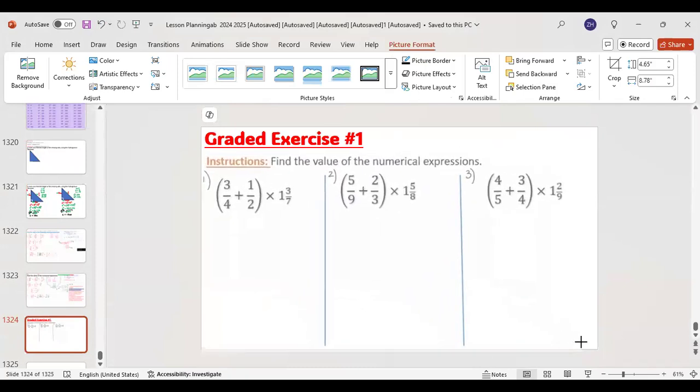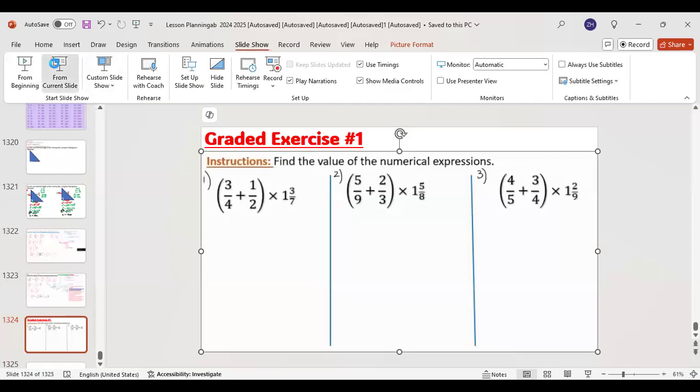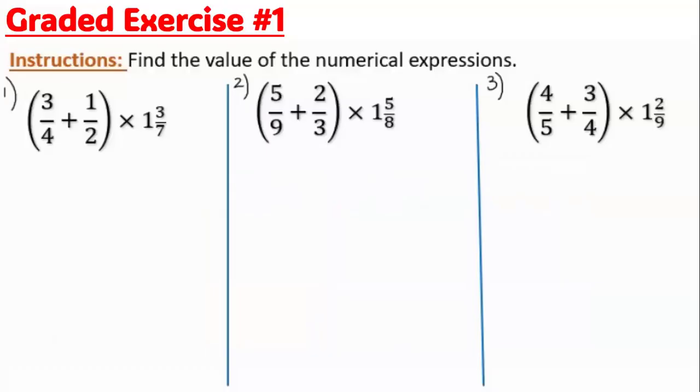If you need any help, let me know. Number 1: 3 over 4 plus 1 over 2 multiplied by 1 and 3 over 7. Then 5 over 9 plus 2 over 3 multiplied by 1 and 5 over 8. Then 4 over 5 plus 3 over 4 multiplied by 1 and 2 over 9.